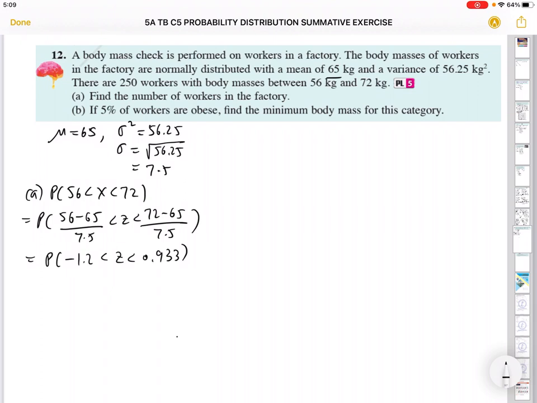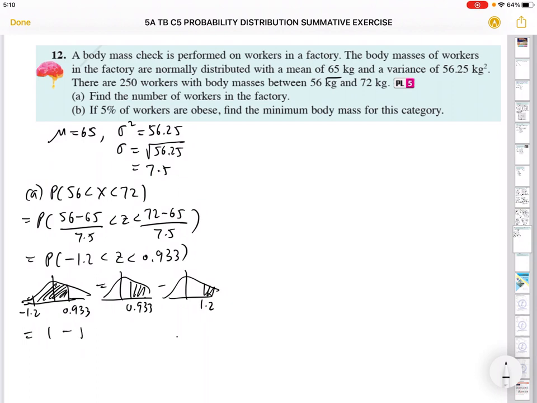So when it's in between, you do 1 minus the two tails. So we write here 1 minus P(z more than 0.933) minus P(z more than 1.2). Use your mathematical table or calculator.